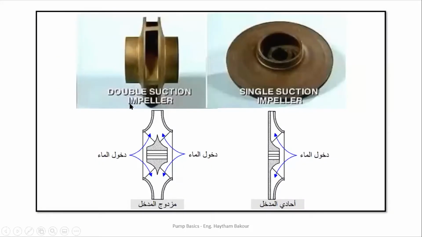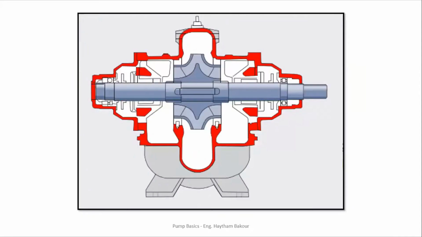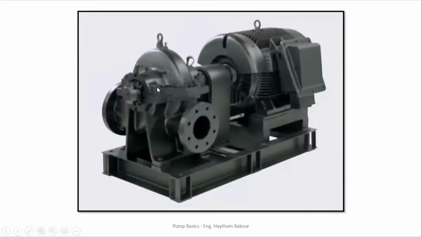And this is the shape of the pump. While the second shape, which is a double suction, the water is coming from two sides of the impeller and going out from the surrounding, and it needs a special design for the pump and its body.